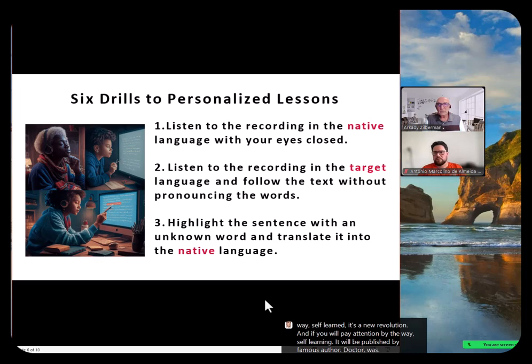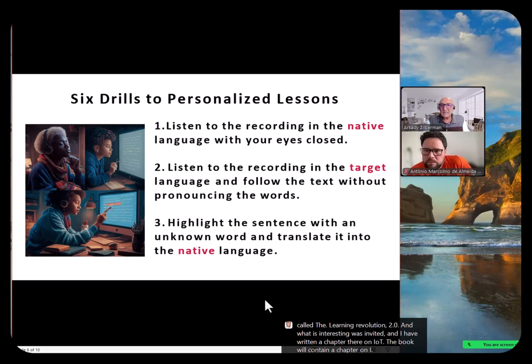Her previous book, Learning Revolution, sold 10 million copies, and she prepared the second edition of this book. It's a new book. It's called The Self-Learning Revolution 2.0. And what is interesting, I was invited, and I have written a chapter there on AIWAT. The book will contain a chapter on AIWAT.